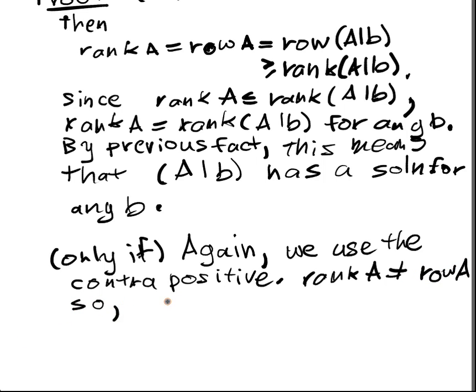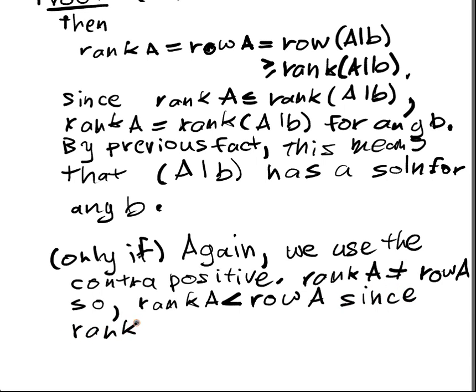So in particular, this means that the rank of A is actually strictly less than the number of rows of A, since the rank of A is less than or equal to the number of rows of A. Of course, that holds trivially.